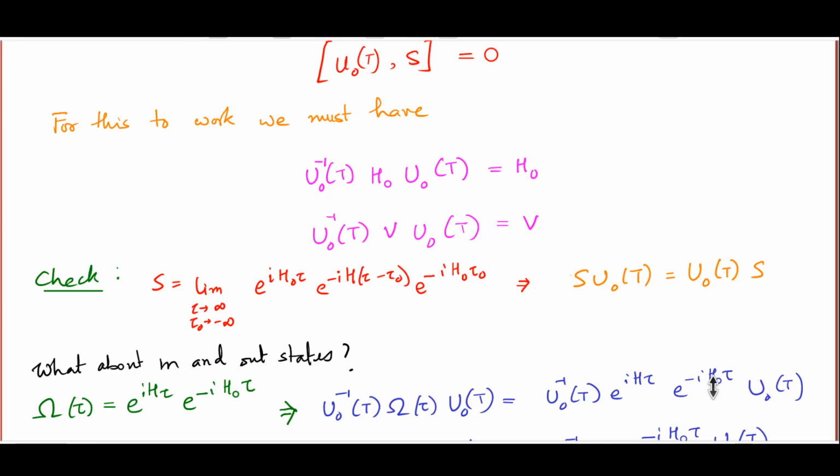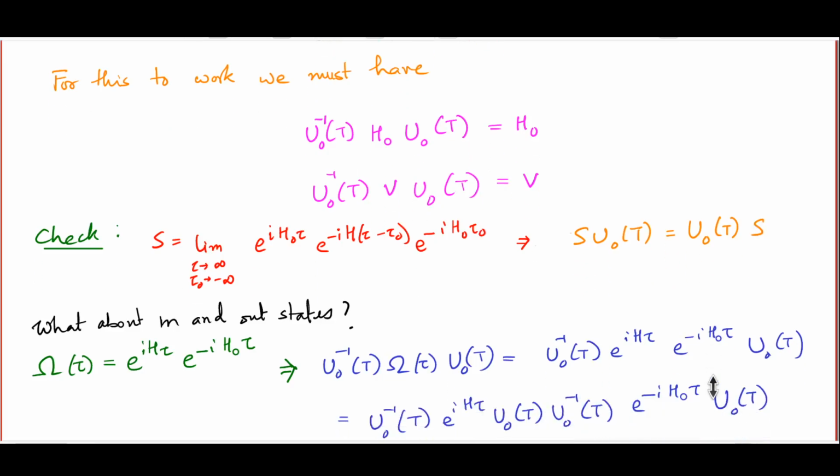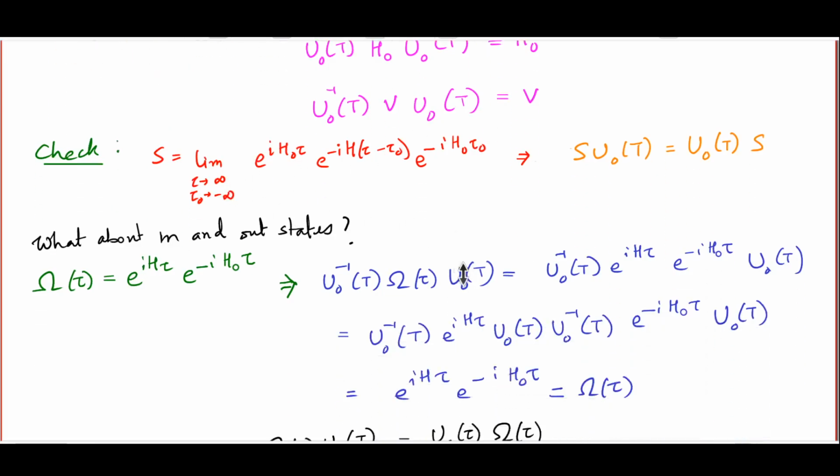Now, it's easy to see that if U0 capital T, the operator which implements the internal transformation, commutes with both H and H0, then it commutes with omega at every tau. Well, I have shown that explicitly here by writing out omega tau as e to the iH tau e to the minus iH0 tau, and then supplying a U0T, U0 inverse T in the middle, so that you can see that this term has to be equal to e to the iH tau and this term has to be equal to e to the minus iH0 tau, giving you back omega tau.